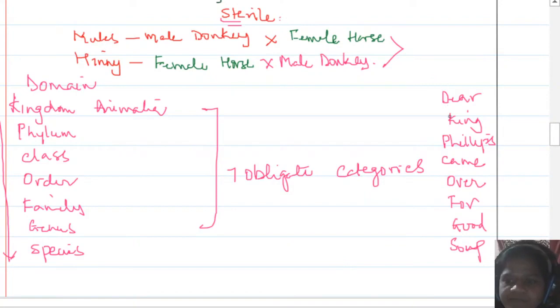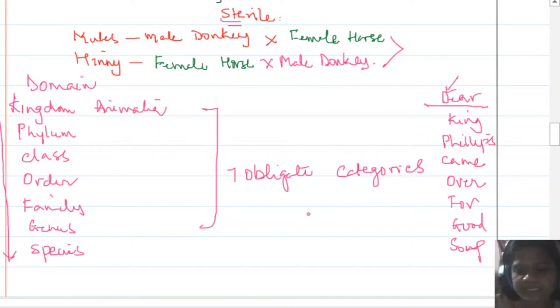Mnemonic means the first letter of the sentence. Dear King Phillips came over for good soup. D is for domain, K is for kingdom, P is for phylum, C is for class, O for order, F for family, G for genus, and S for species. Remember that. Dear King Phillips came over for good soup. But if we take the domain off, we have 7 obligate categories. Okay, otherwise we have 8 if we add domain to it.